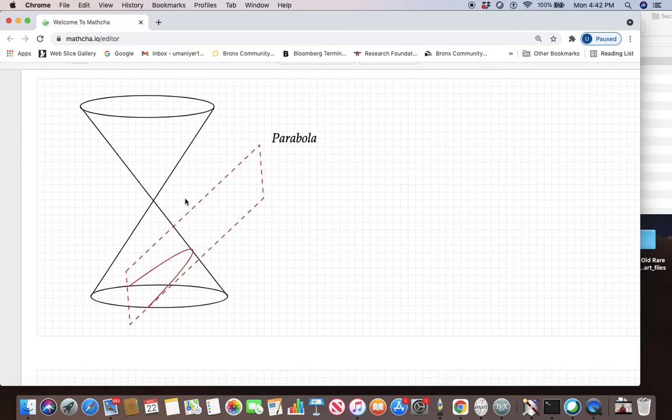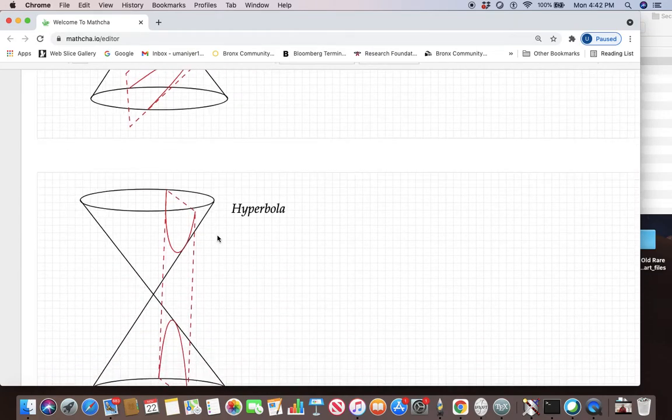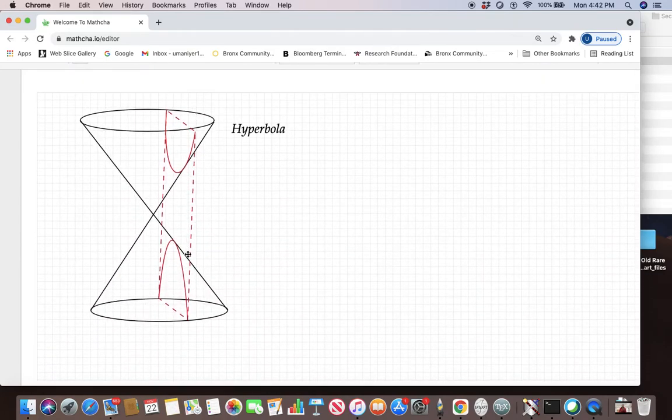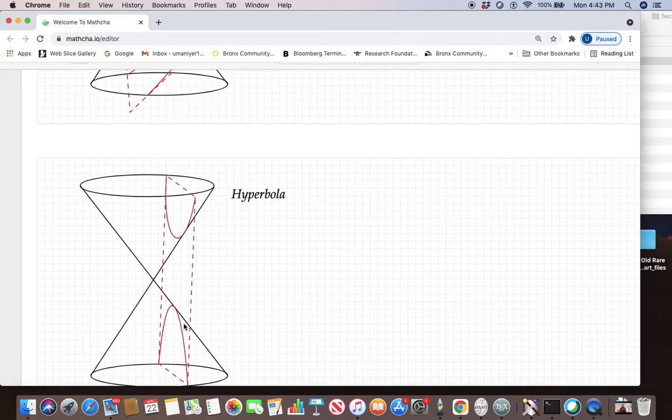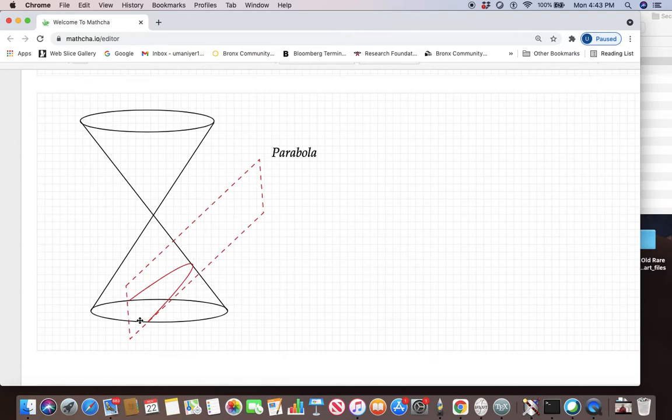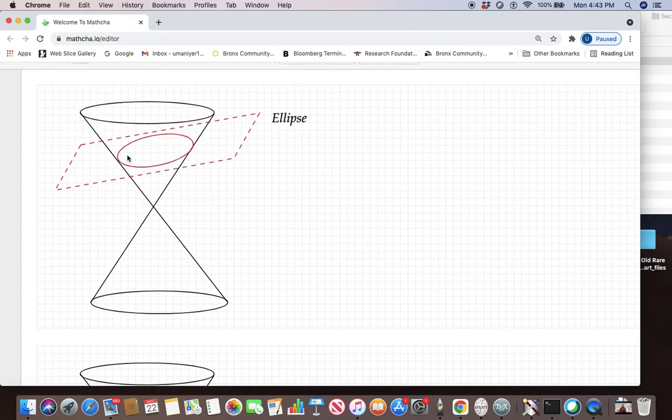Now I turn the plane some more, and it is perpendicular to the axis of my cone. Then I get what is called a hyperbola. There are two curves together, they form what is called a hyperbola. So we want to understand these conic sections. This is a hyperbola, this is a parabola, and this is an ellipse.